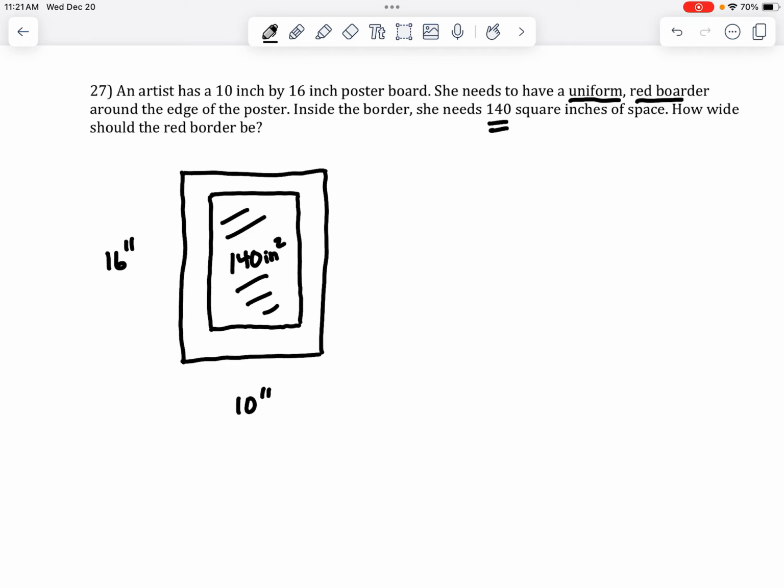Okay, but it doesn't say how big the border is, but it does have to be the same all the way around. So if we say that this is a length of X, then this also has to be a length of X. And then you have to do that all the way around. This is X, etc. So all of these are a length of X. And then that's the red border.